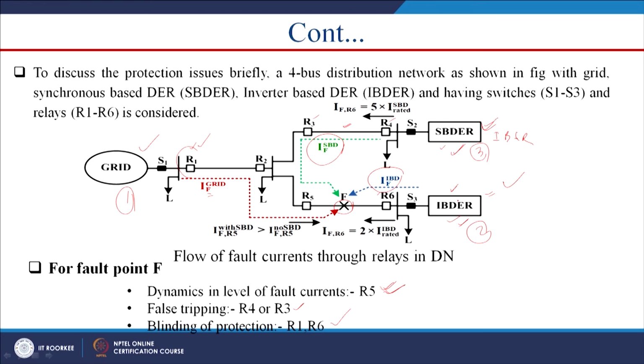Now, due to the integration of these 2 DGs, the fault current is the summation of these 3: IF grid, IF IBD and IF SBD. So the contribution of fault current from the grid will reduce; it is less than the IF grid without integration of DR. That is why the R1 current will be reduced. It may fall below the setting value of relay R1, and this is known as the blinding of protection issue of the smart grid system.